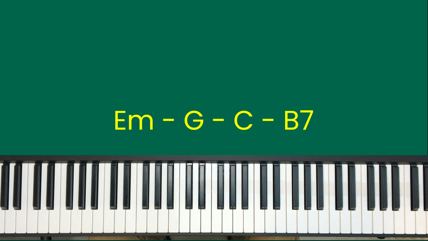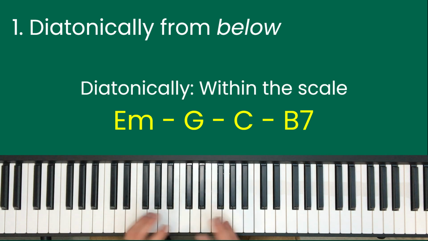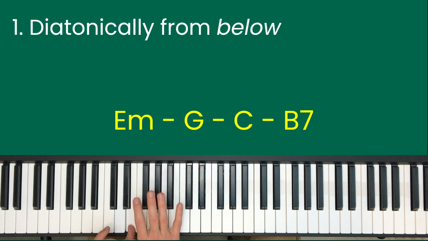First of all, we're going to look at approaching the chords diatonically from below. What do I mean by that? We're going to approach each chord from this direction diatonically. What does diatonically mean? It means within the scale. In this case, within the scale of E natural minor or E Aeolian.